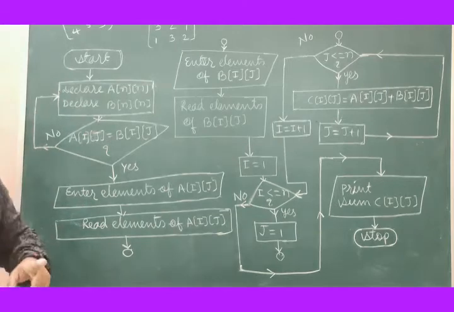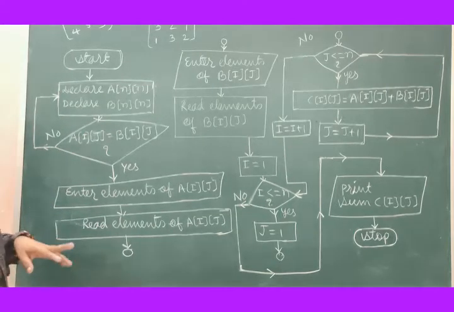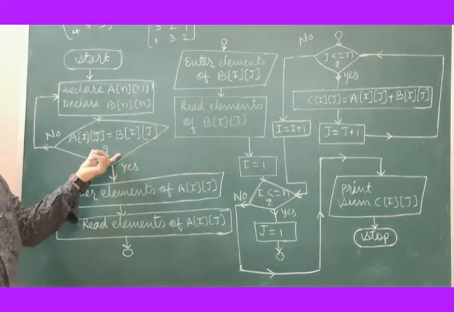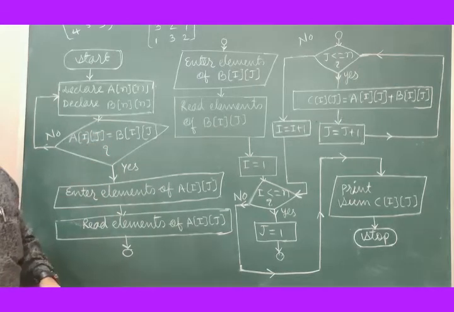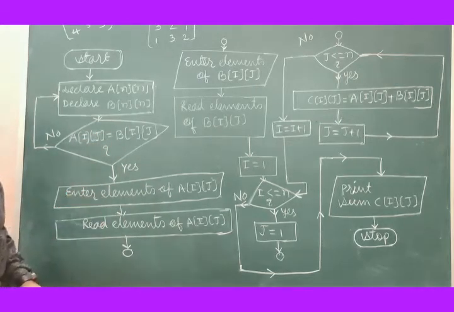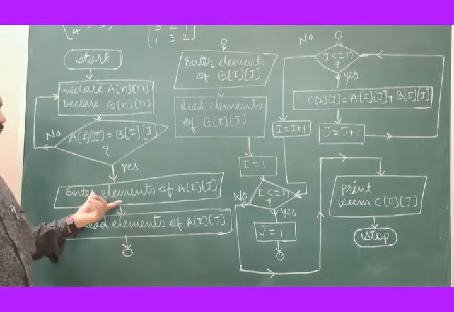Then we can do the addition. Okay, then here we verified that dimensions of A and B are same. Now we can do the addition. Addition of these two matrices is possible.